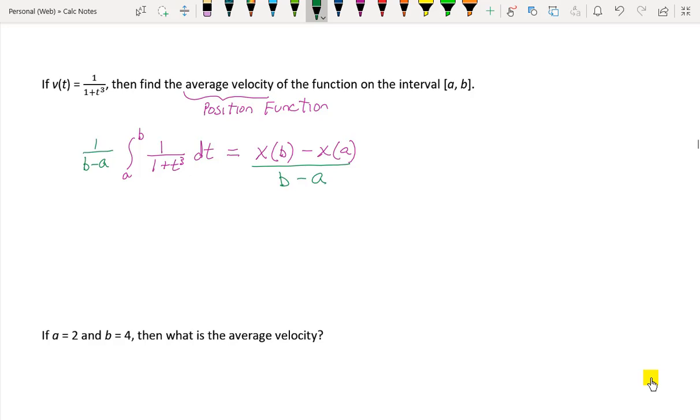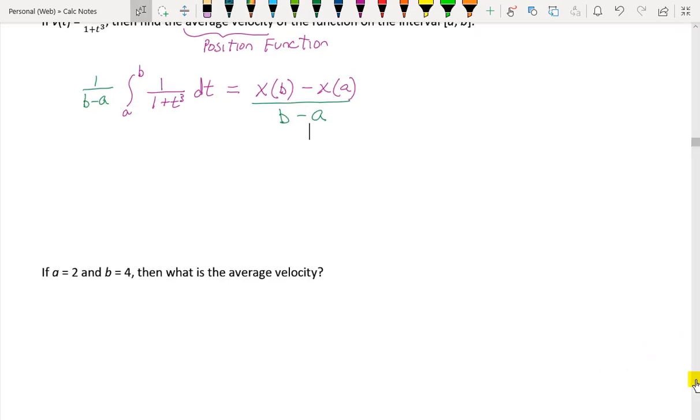Okay, so in the next part they actually give us some limits, so let's take a look at this one here. There we go. So they give us if a is equal to 2 and b is equal to 4, then what is the average velocity? So now we're looking at the integral from 2 to 4 of 1 over 4 minus 2, of 1 over 1 plus t cubed dt.